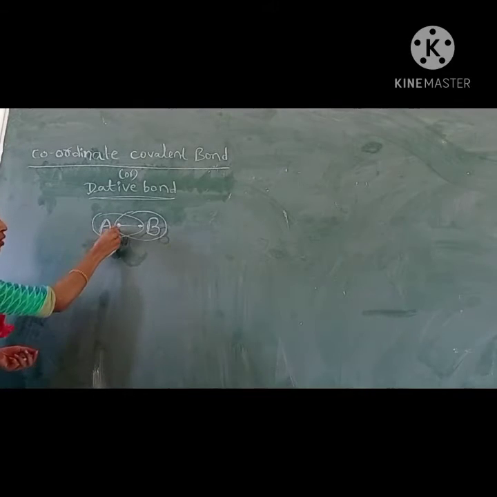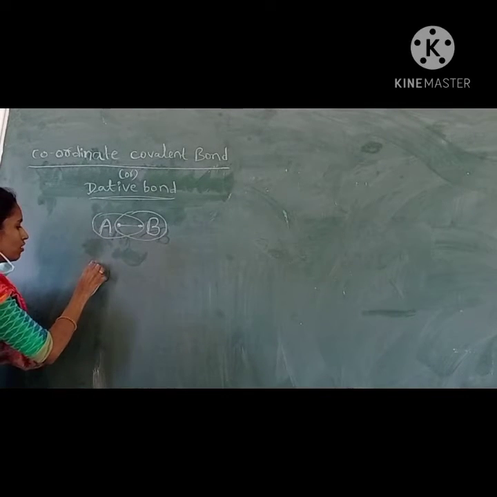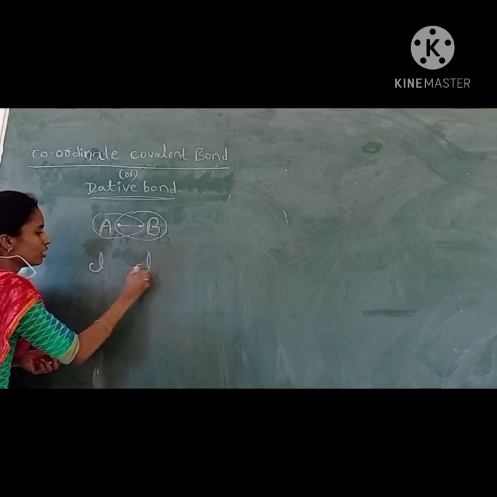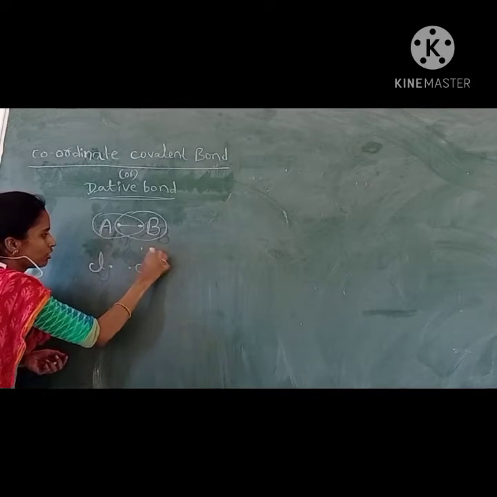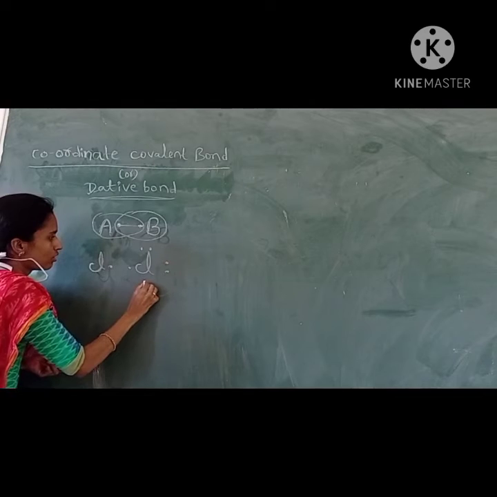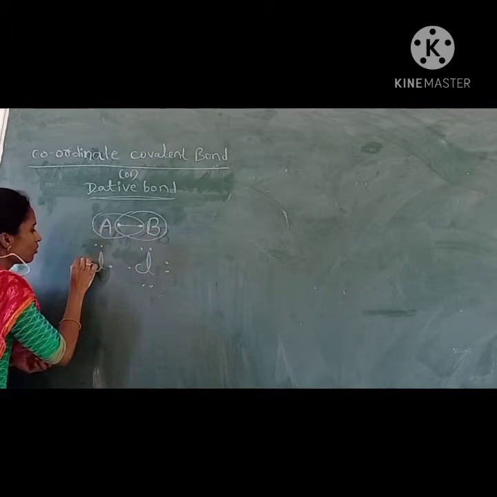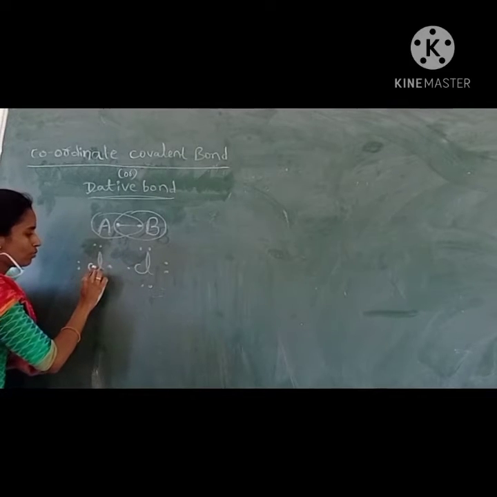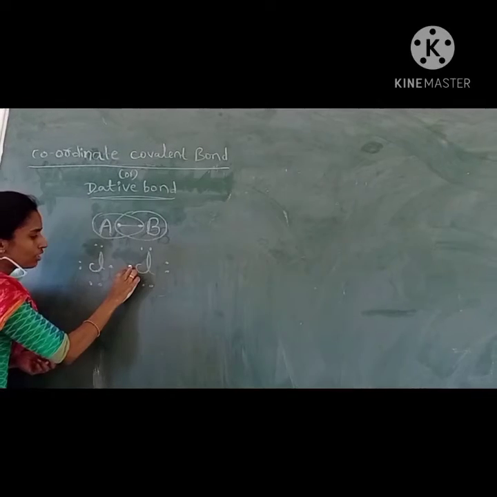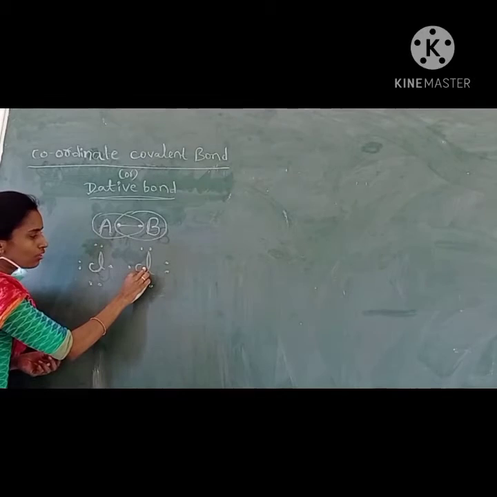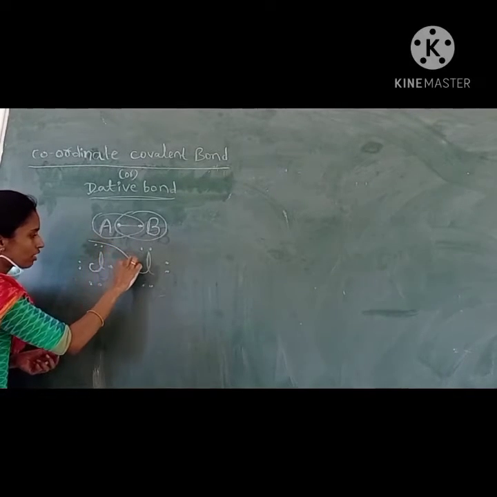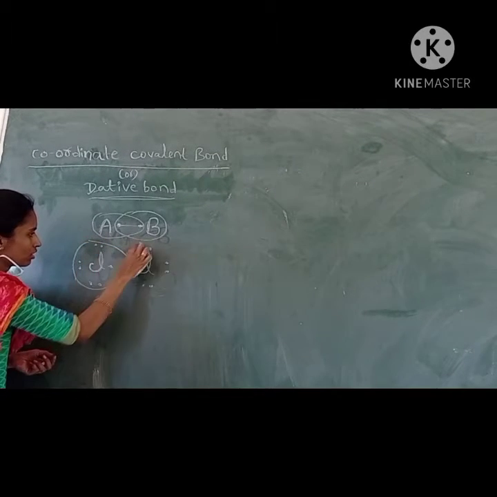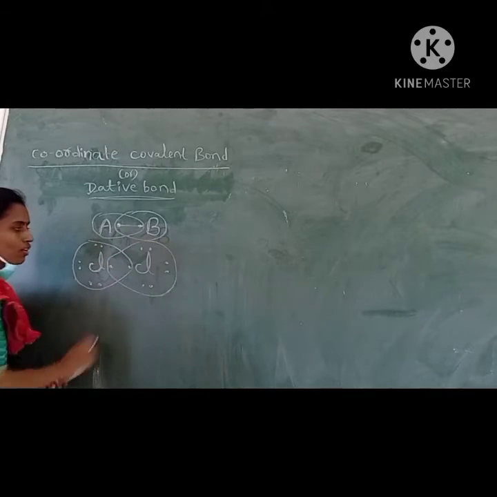If you see covalent bond, suppose we take chlorine. Here is the Lewis dot structure. One electron belongs to one chlorine atom and the other electron belongs to the other chlorine atom, and they share to get the octet electronic configuration.